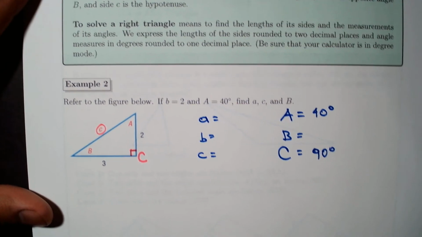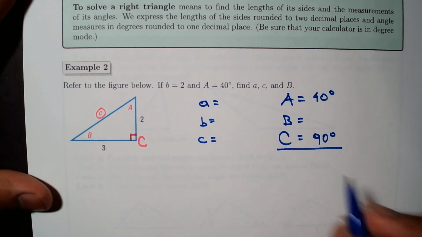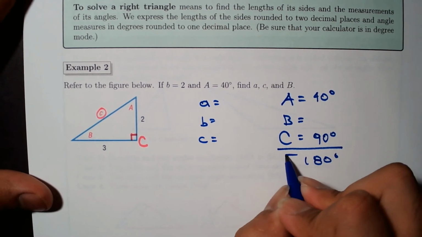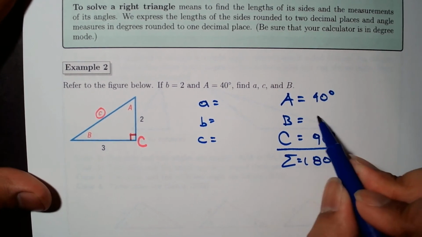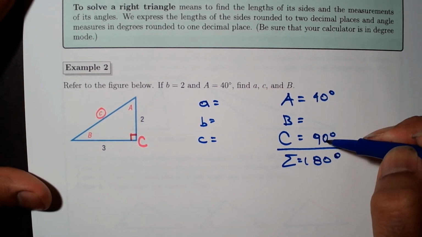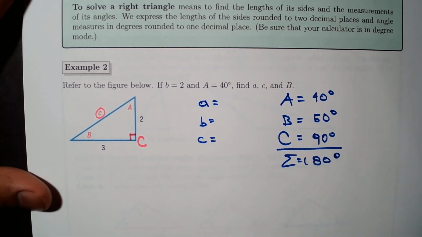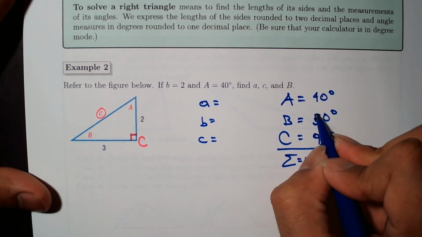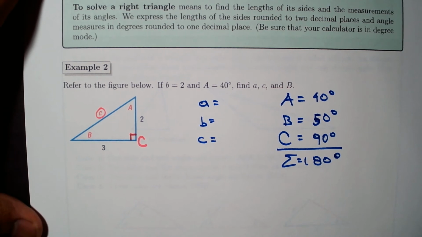We know from basic geometry that the sum of these three angles has to be 180 degrees. So 180 minus 90 is 90, and 90 minus 40 has to be 50 degrees. Let me make this look like a 5. So we have the angle part solved.